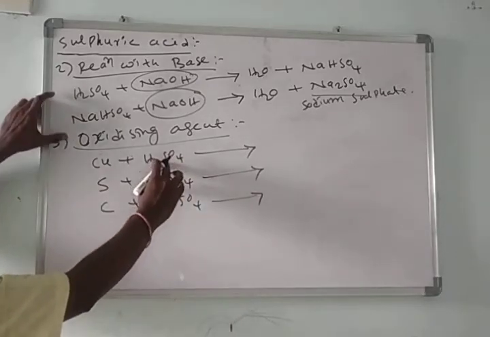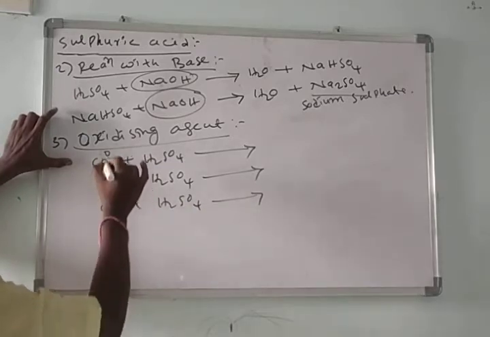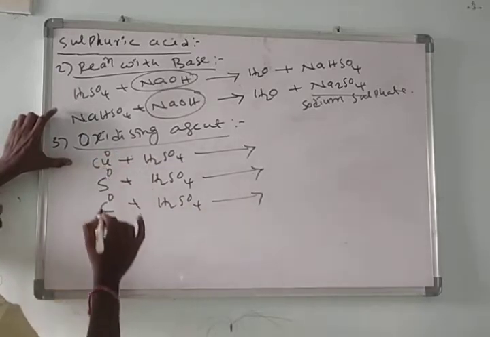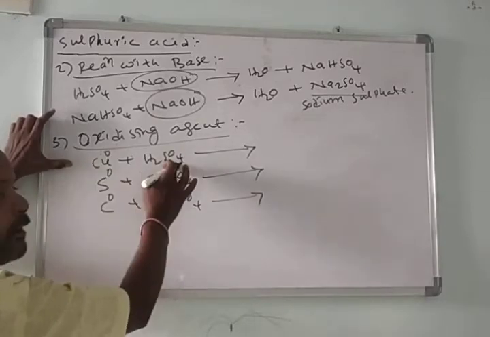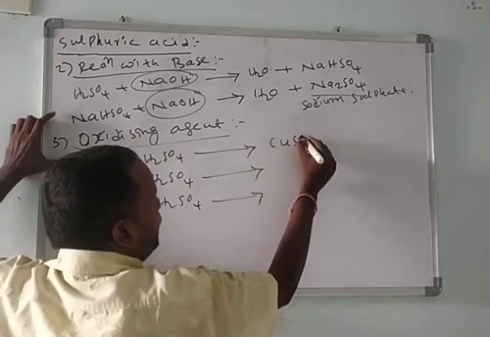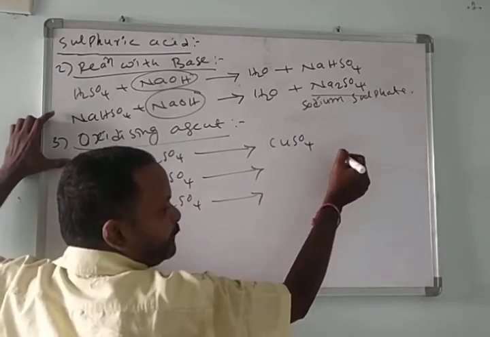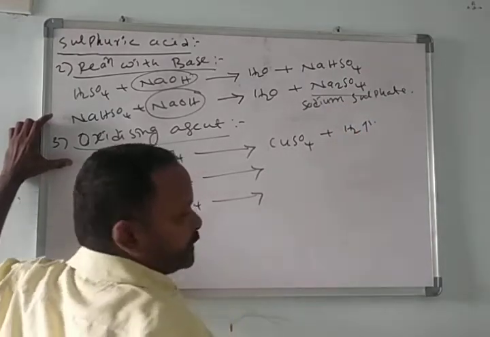Okay, here copper undergoes oxidation. Oxidation number of copper 0, oxidation number of sulfur 0, oxidation number of carbon 0. When it reacts with the sulfuric acid, it forms cupric sulfate along with hydrogen gas evolved.